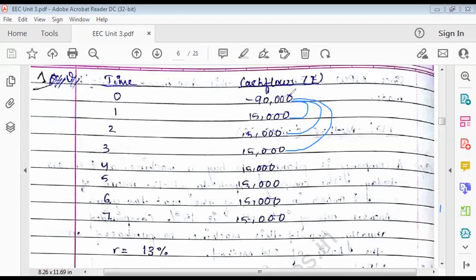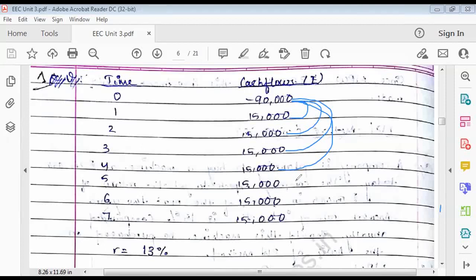What is its present value? And what will answer? R3 by 1 plus R whole to the power 3. What will be the fourth question? What is the present value of 15,000 rupees that you're supposed to receive after 4 years? Answer will be given by the term R4 divided by 1 plus R whole to the power 4.